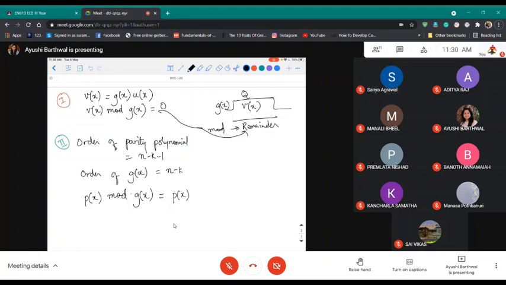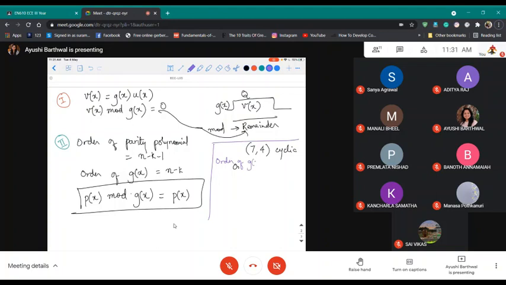Let's take one example to understand this point. Suppose we are talking about a (7,4) cyclic code. In that case, the order of g(x) would be 3 and the order of p(x) would be 2. So this is just an example.